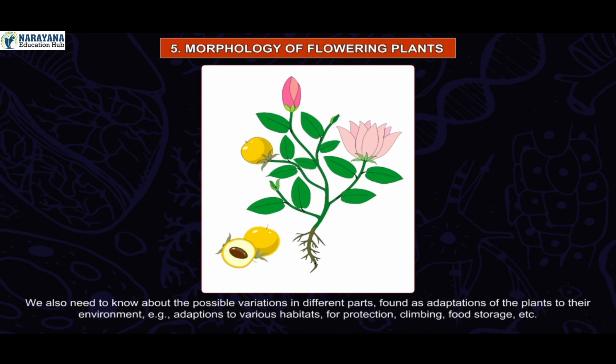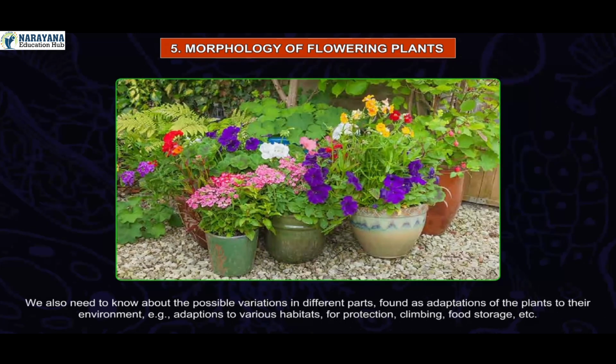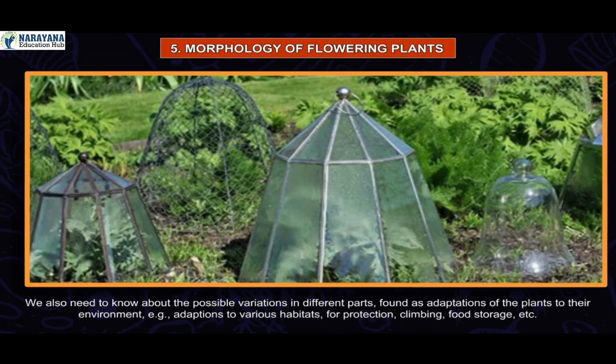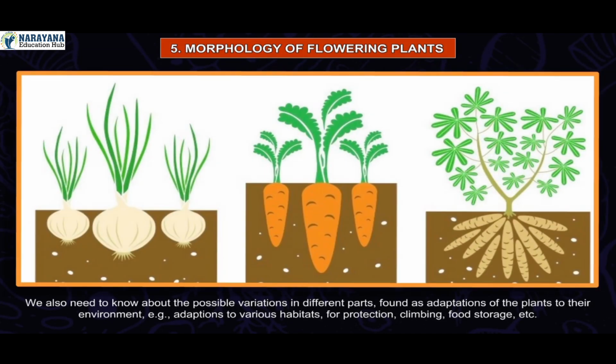We also need to know about the possible variations in different parts, found as adaptations of the plants to their environment. For example, adaptations to various habitats for protection, climbing, food storage, etc.